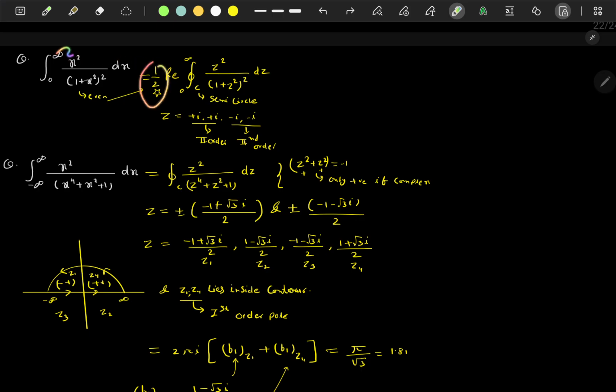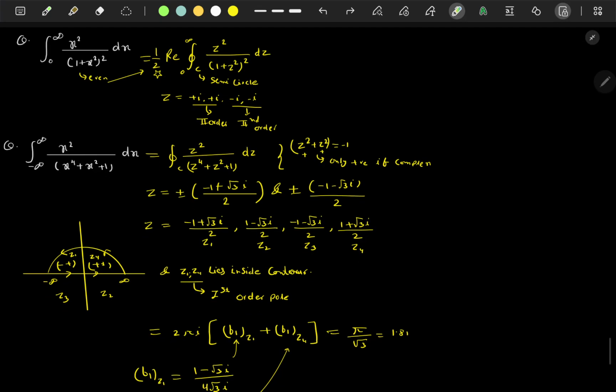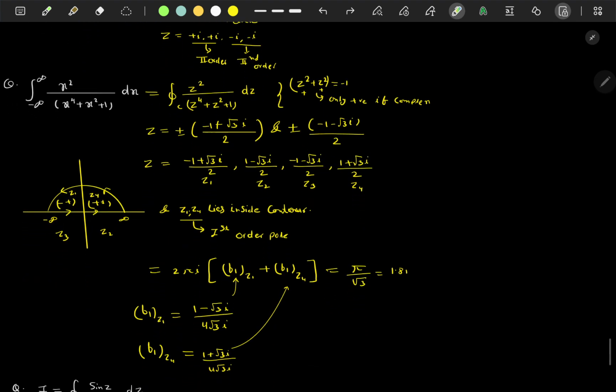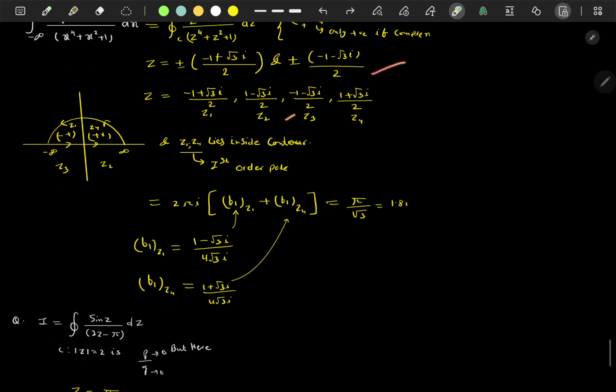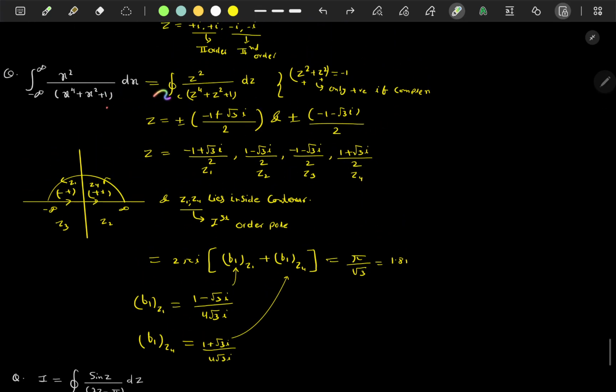This I explained to you because the limit is 0 to infinite, so it gives you minus infinite to plus infinite, so just put 1 by 2 here. Here also you will convert it into complex form, so it will be p by q form, and you have four values of z.